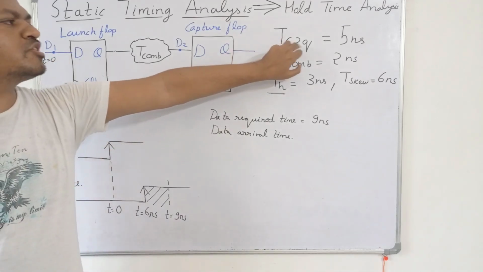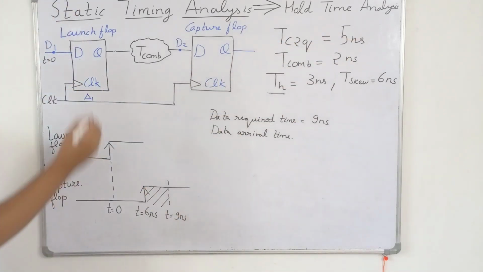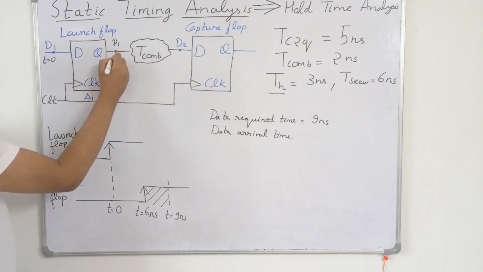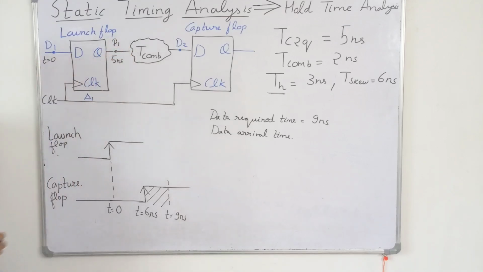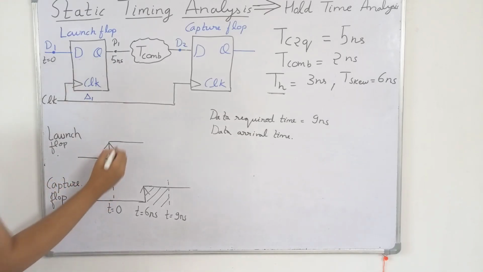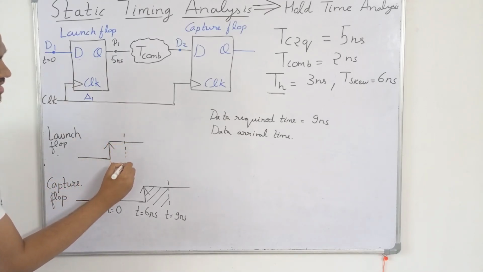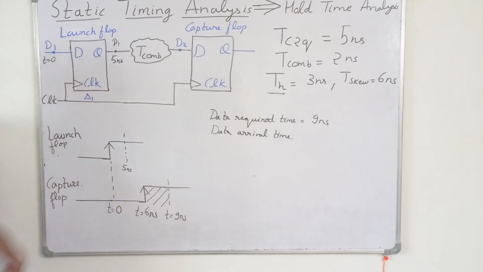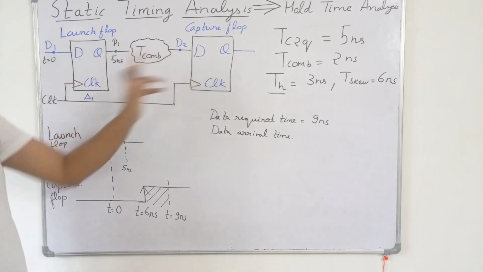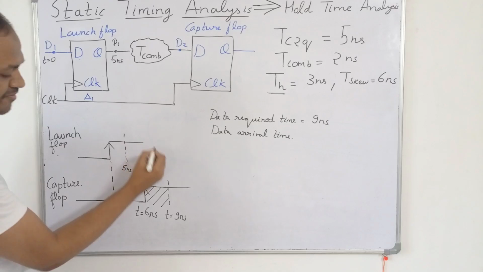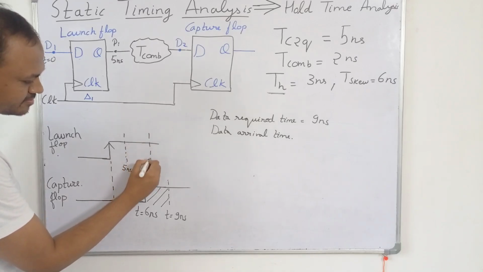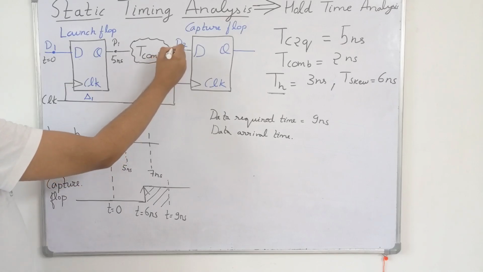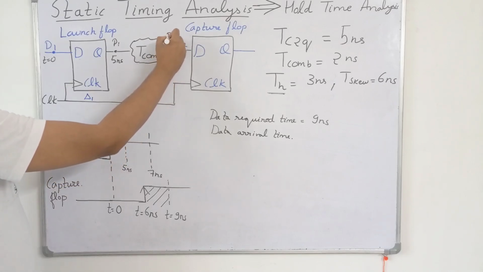Now this clock to Q delay is 5 nanoseconds. So this data D1 will be available at the output at t equal to 5 nanoseconds. Then this combinational logic delay is 2 nanoseconds, so at 7 nanoseconds this data D1 will appear at the capture flip flop input.